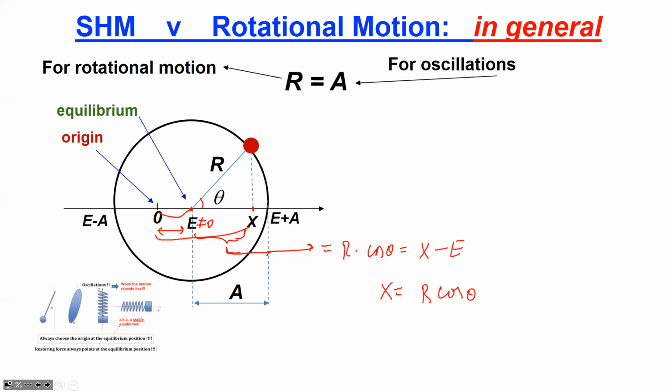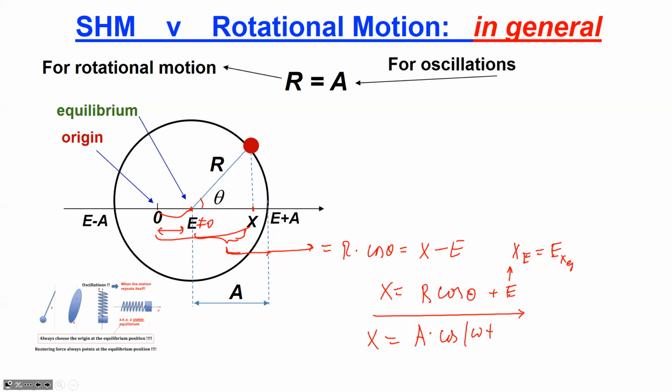This is the x coordinate of the equilibrium. Moving this term on the right-hand side of this equation. And this is our equation now. And again, we replace a letter R with a letter A. It represents amplitude, maximum displacement from equilibrium.